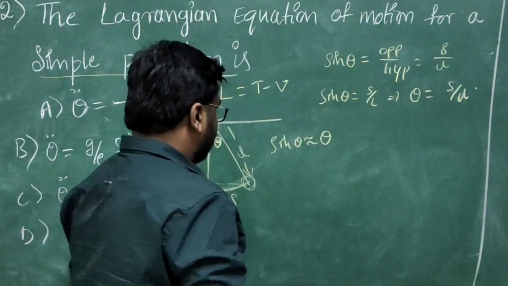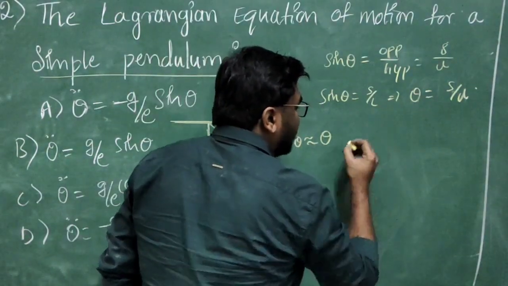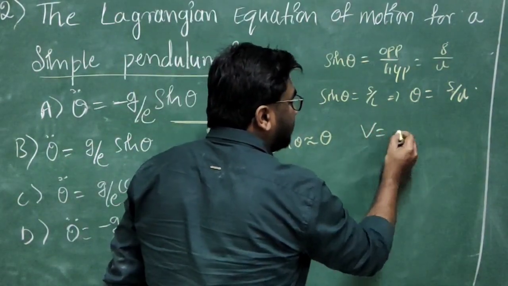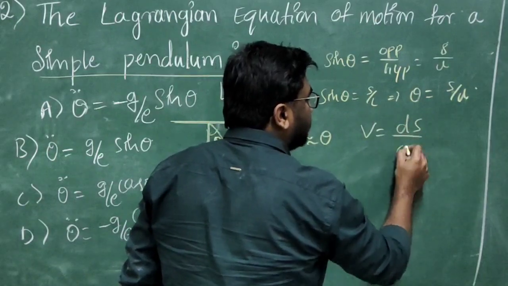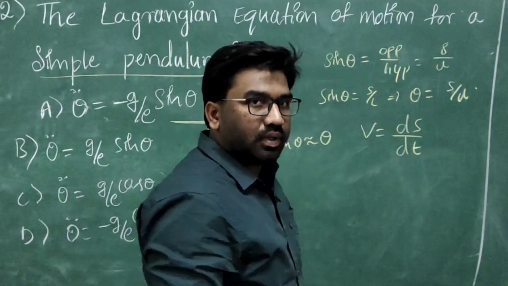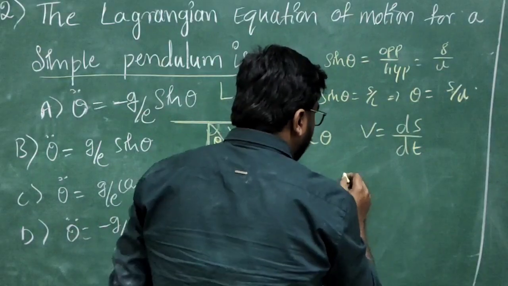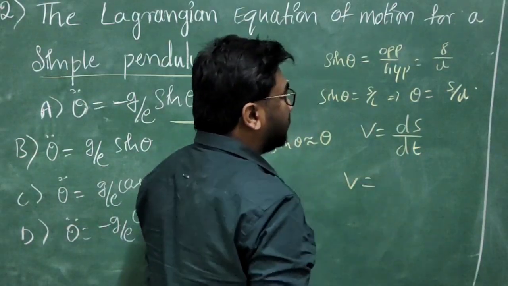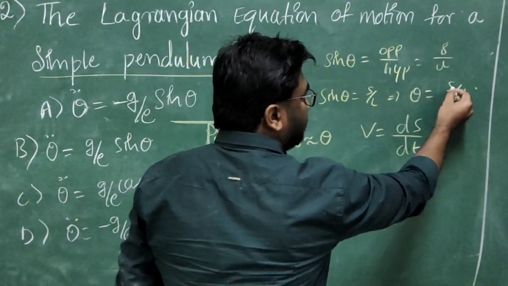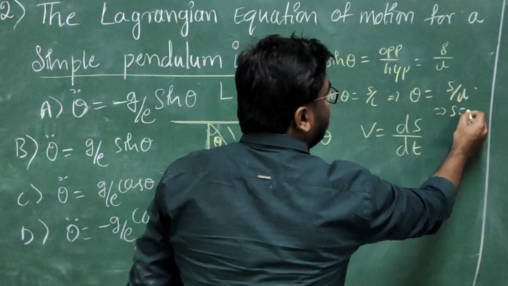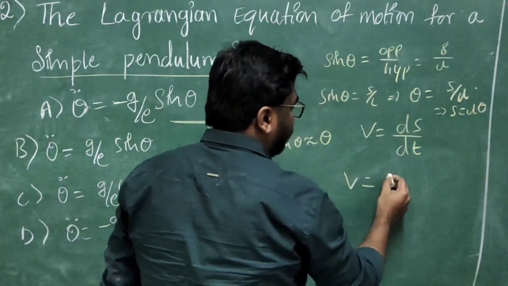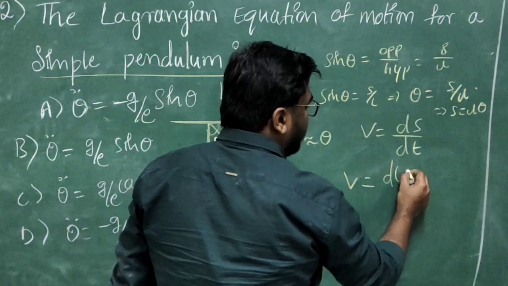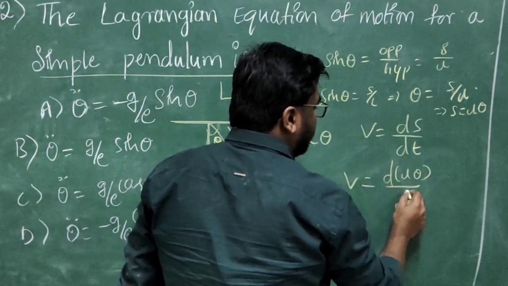We know that velocity is nothing but ds by dt. So V is equal to d of S by dt, and from this relation S is nothing but L into theta. So V is equal to d of L theta divided by dt.